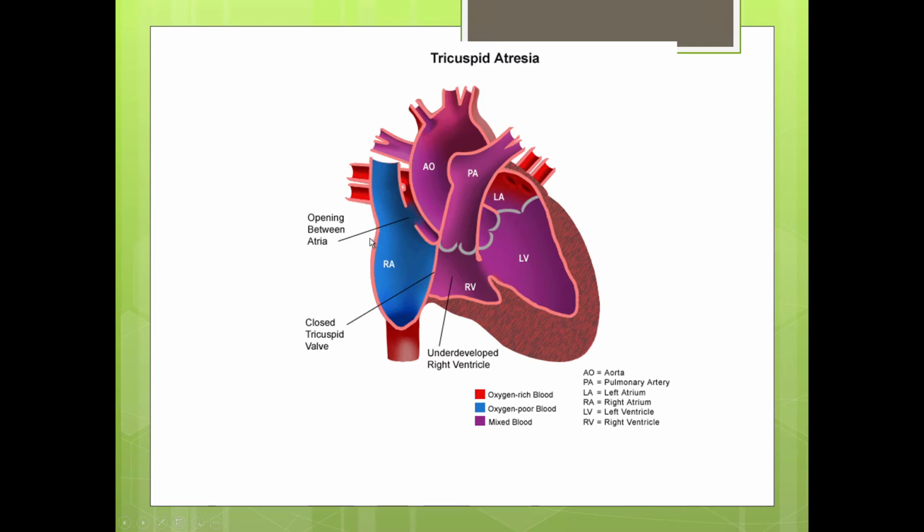This is a very complicated type of heart defect. It's called tricuspid atresia. And so you'll see here's our right atrium, but there's a closed tricuspid valve, and there's an underdeveloped right ventricle here. Okay. So blood is basically coming in through the right atrium and going up into the lungs.